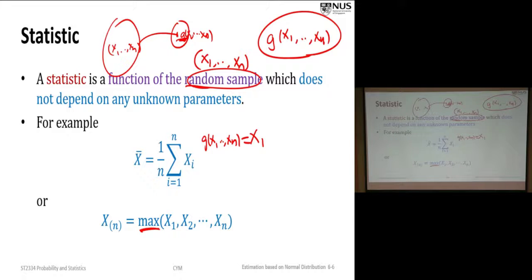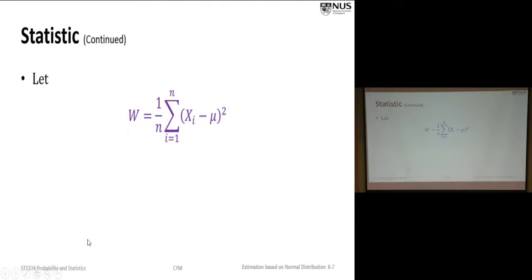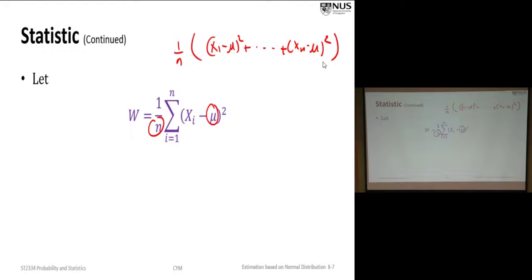Another one is also a function of x1 up to xn, but it also involves mu and n. It is x1 minus mu squared, plus up to xn minus mu squared, and then we sum them up and divide by n. So this is the function.